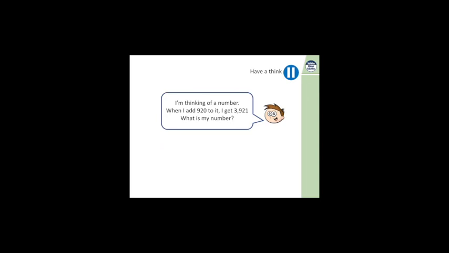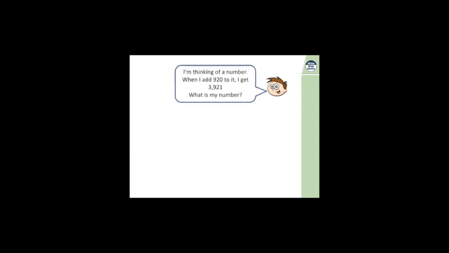So we have to do some detective work using a bar model. It would look like this. There's our whole. He's thinking of a number. That's going to be one of our parts, because when he adds 920 to it, he gets that whole. So, question mark, what is that number?